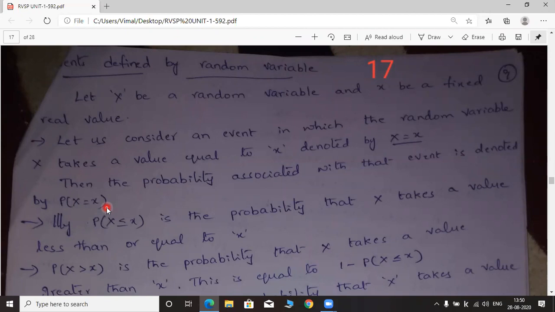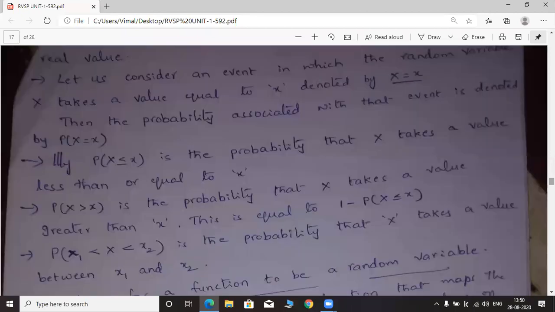That means the random variable capital X is taking the value of small x. Whatever may be the value of small x, those values will be considered by capital X.